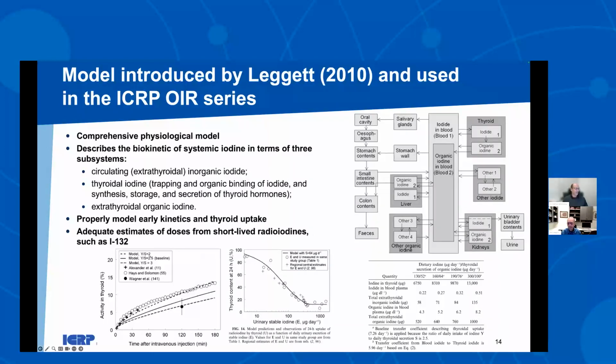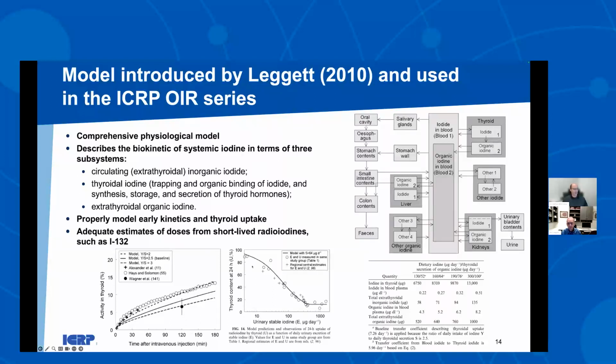One result of this model is short-term kinetics, which in clinical applications means 2-hour uptake, thyroid uptake. It's just a standard clinical test for the thyroid. And the old model, the ICRP model, cannot reproduce these kinetics properly. And this new ICRP model properly reproduces them and is applicable for short-term kinetics.